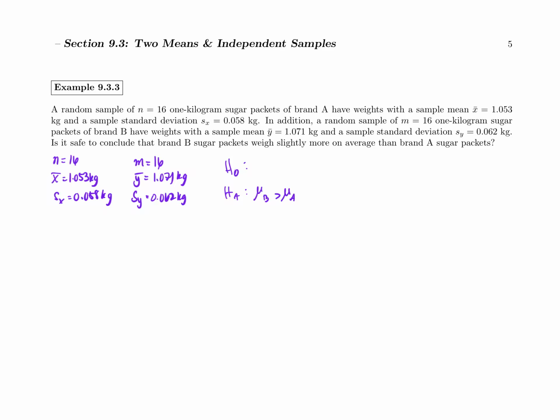And our null then would be that mu B is less than or equal to mu A. What does that make our sample statistic? Our sample statistic is the measurement we're making. If we're starting with mu B, that means that's y bar, and we're subtracting x bar. So we get 1.071 minus 1.053, or y bar minus x bar equals 0.018.